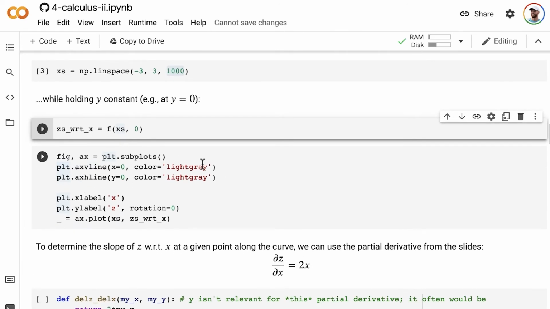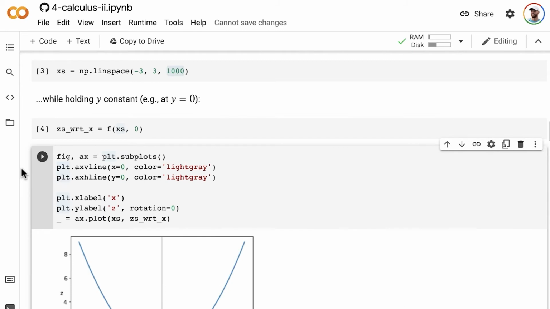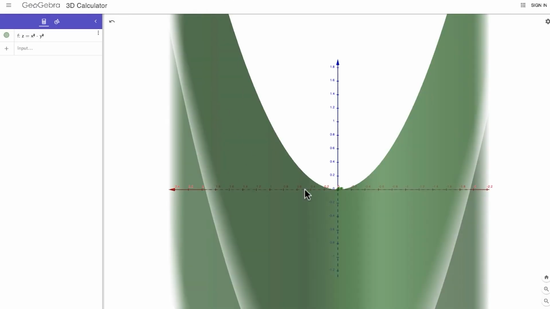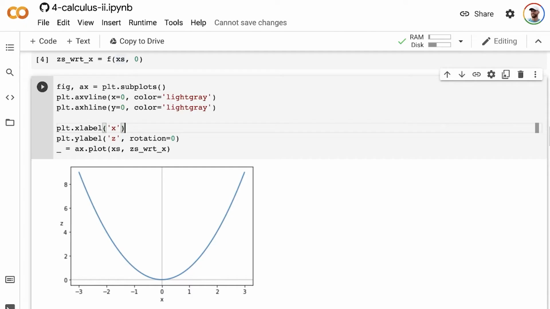So I'm going to create a simple plot with a vertical line in gray at 0 and a horizontal line in gray at 0. And then I'm adding labels to avoid confusion here, because typically when we make a 2D plot, we call this axis the x-axis and this axis the y-axis. But we're dealing with a 3-dimensional curve here, so we need to be a little bit more explicit, a little bit more thoughtful.